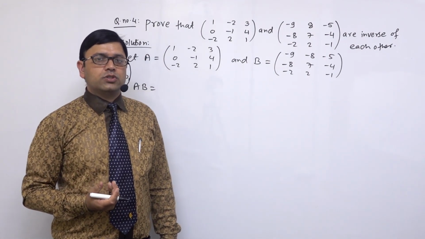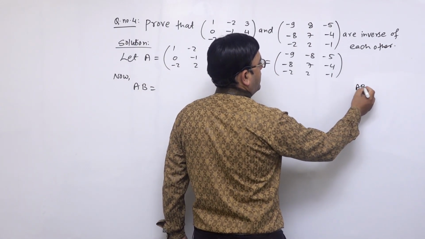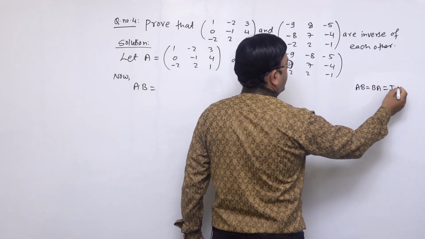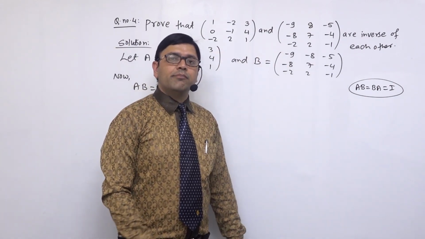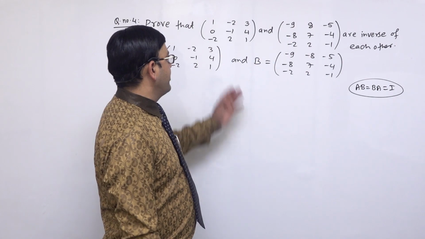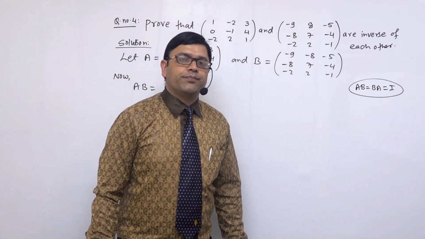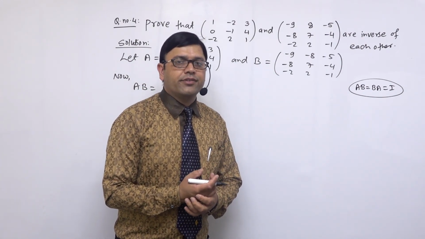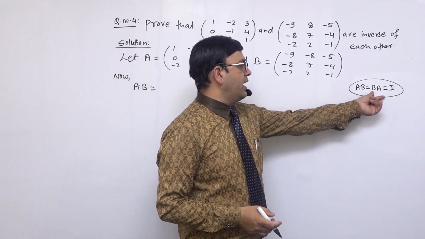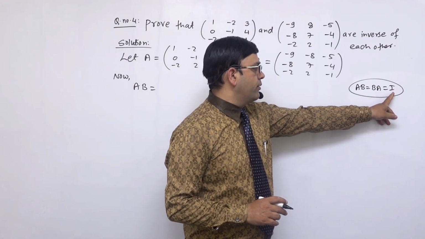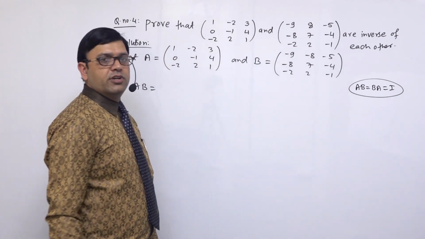Because we have to know that AB is equal to BA is equal to I. If this condition occurs, then we can say these two matrices are inverse to each other. Otherwise, we find the inverse separately, and if that inverse gives this matrix, then we say the matrices are inverse to each other. Now we find AB and then BA. If both come out as I, then we say these two matrices are inverse to each other.